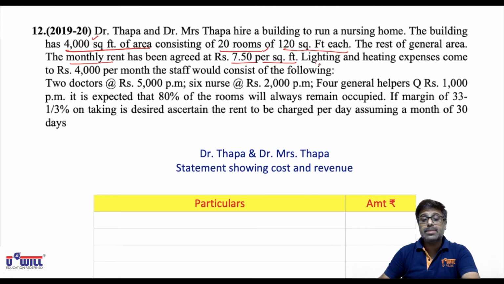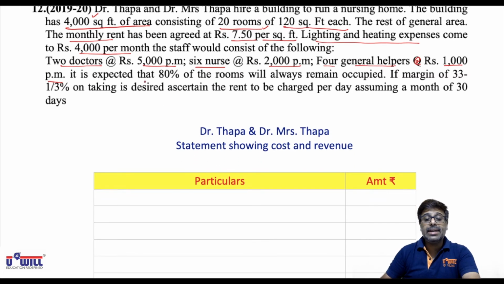Lighting and heating expenses come to 4,000 per month, so directly we'll take 4,000. Staff would consist of the following. 2 doctors at 5,000 per month, so 10,000 would be the doctors' expense. 6 nurses at 2,000 per month, so 6 into 2,000, 12,000 would be the nurses' expense. 4 general helpers at rupees 1,000 per month, so 4 into 1,000, 4,000 would be the general helpers' amount.